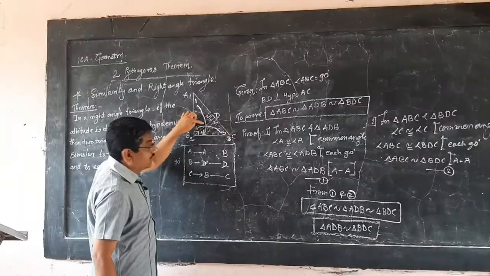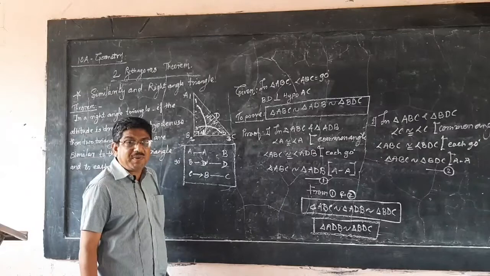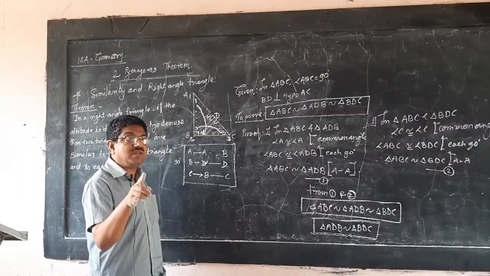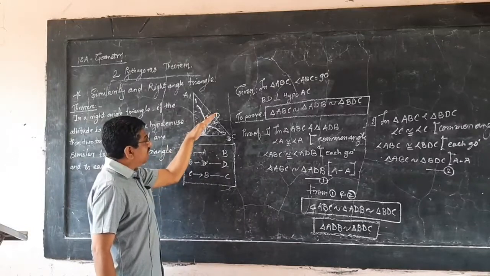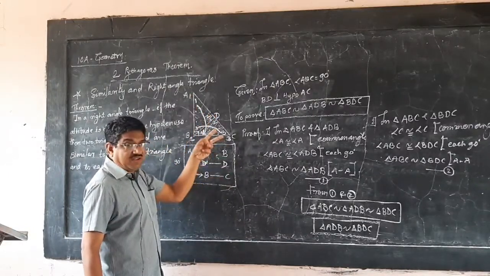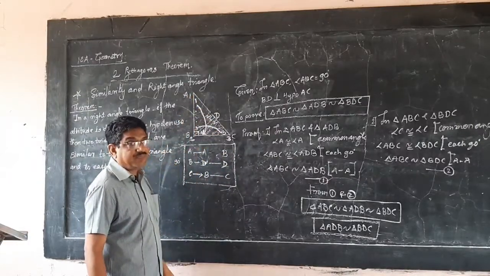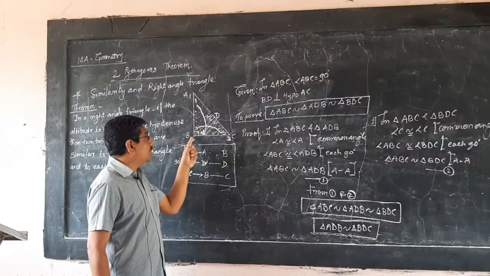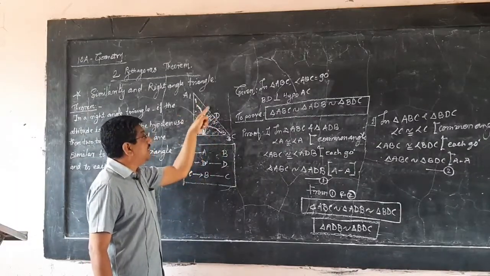This perpendicular is the geometric mean of the segments into which the hypotenuse is divided. When we draw the perpendicular BD, the hypotenuse AC is divided into two parts, AD and CD. Therefore, you can say BD is the geometric mean of AD and CD.